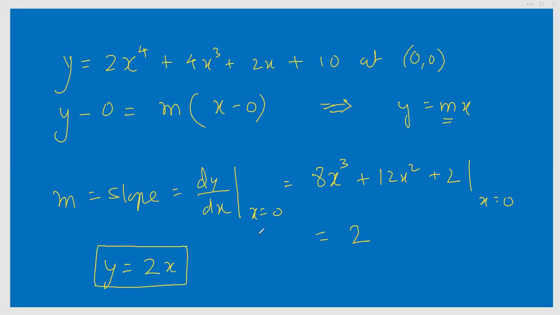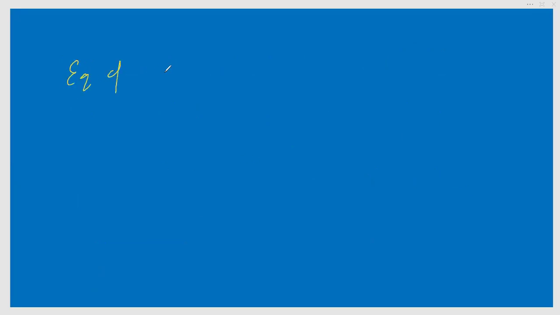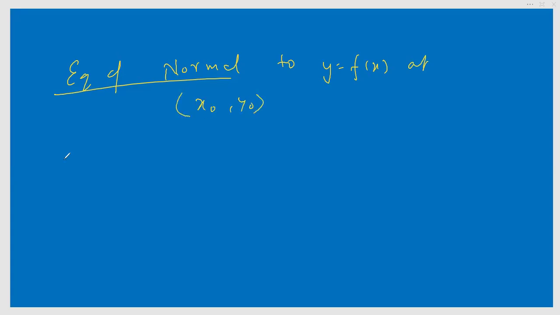Now what if you want to find out the equation of normal? The method is the same, the only thing is the slope will be a little bit different. To find the equation of normal to any curve y is equal to f(x) at a given point (x naught, y naught), we will write y minus y naught is equal to minus 1 by m times x minus x naught.